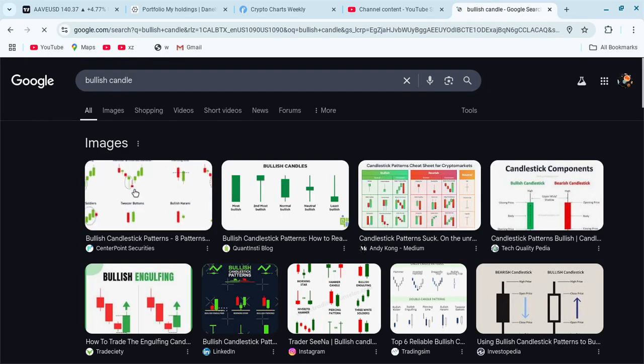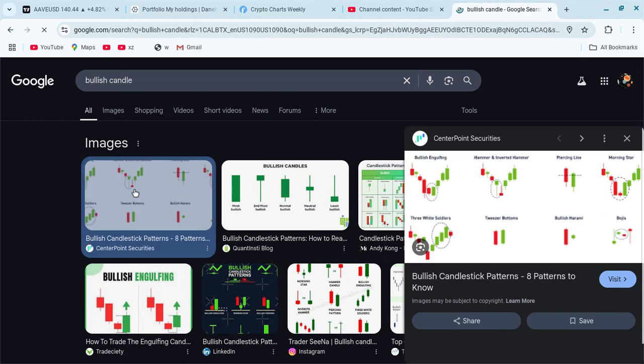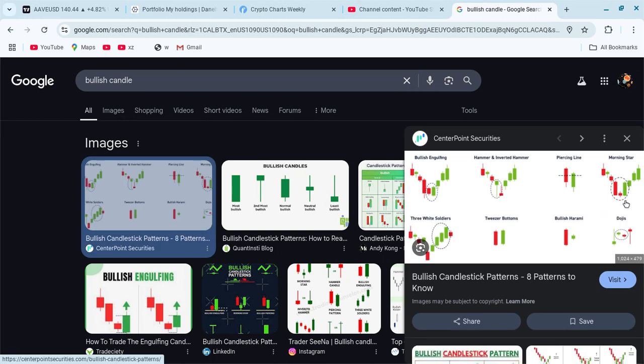So you see this one. We start with this one, which has already started very fast. You see this one, a bullish candle. We had this one before, and then this one we have right now, which is already happening.